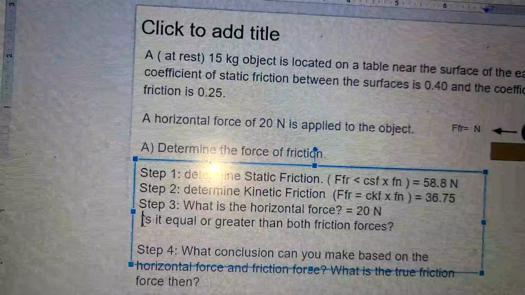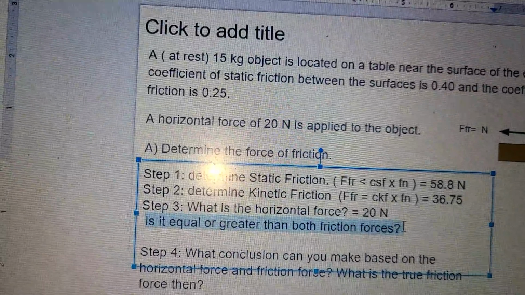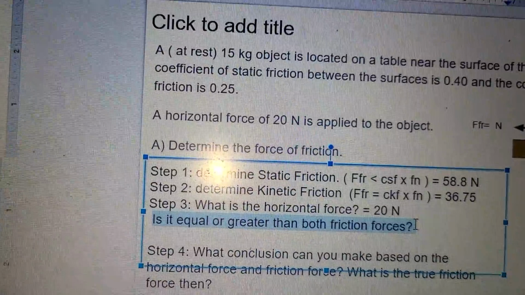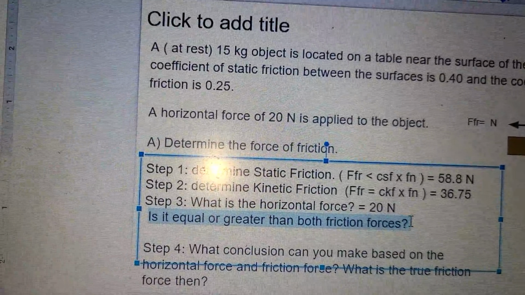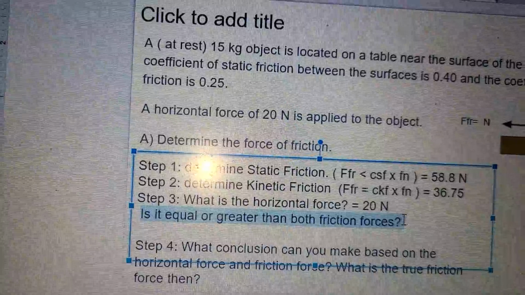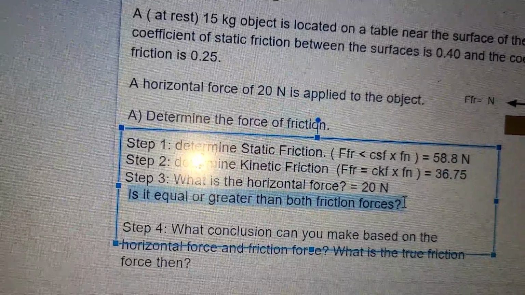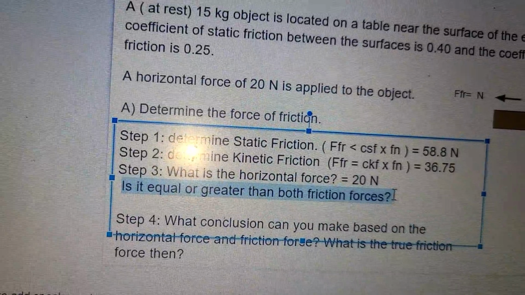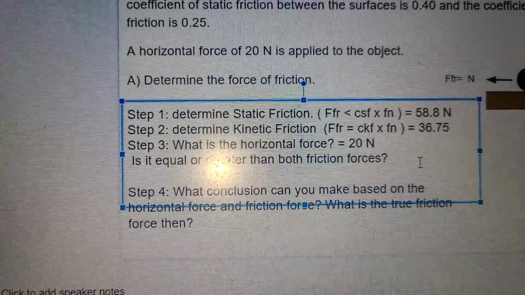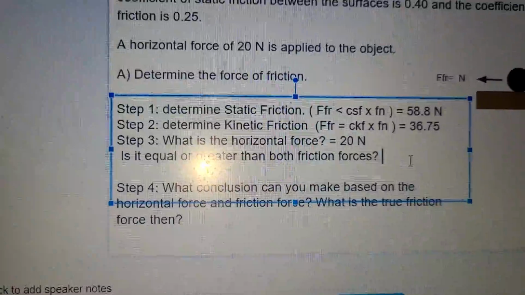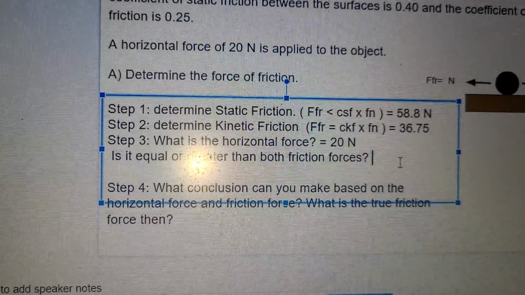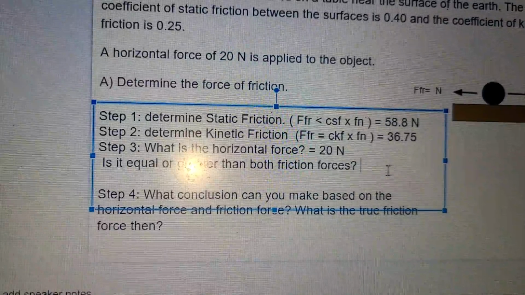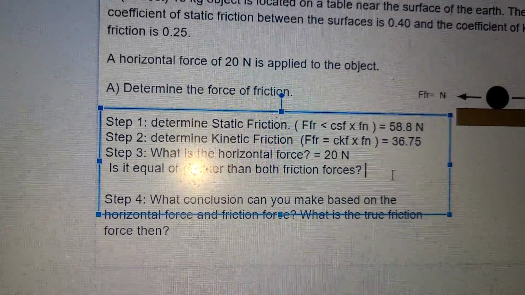I need you to look at the question on the bottom so that you're not confused, because I am reading off the question. So if you're following my steps in the question, then you'll see it. Is the horizontal force being applied equal or greater than both friction forces? Yes or no? The horizontal force is not equal or greater than kinetic friction force or static friction force, because horizontal force is 20 while kinetic friction force is 36.75 and static friction force is 58.8.